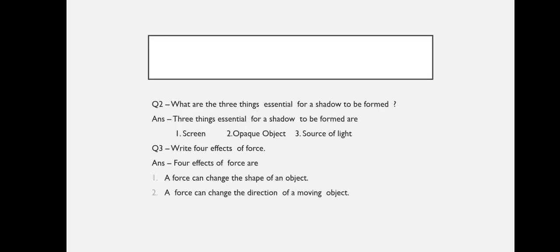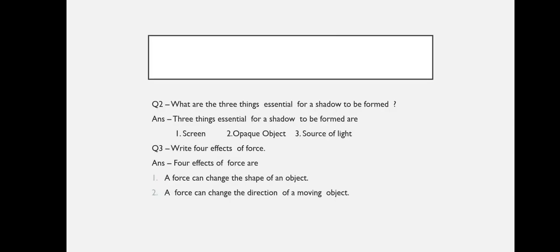Question 2. What are the three things essential for a shadow to be formed?